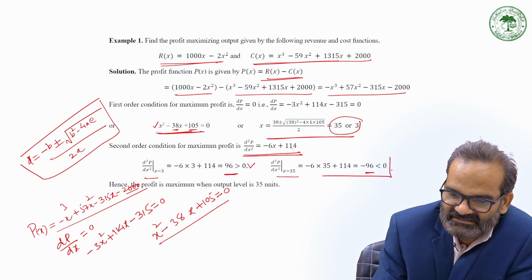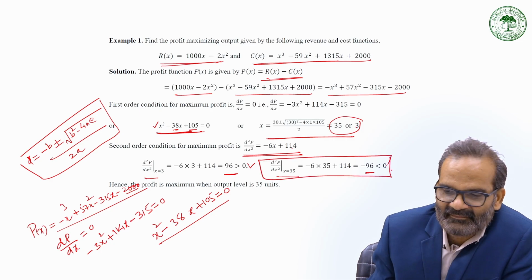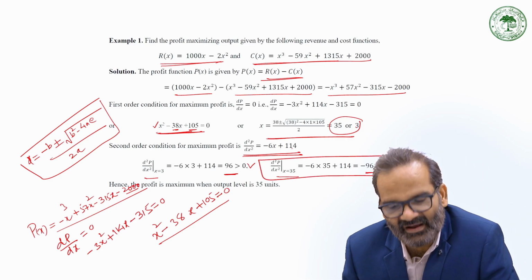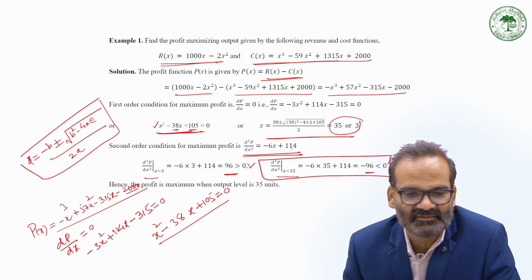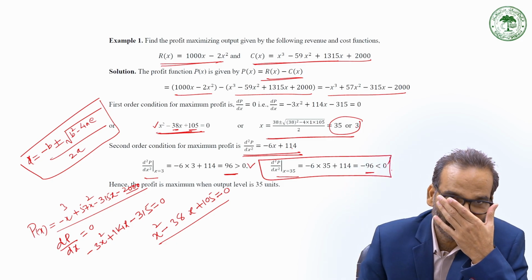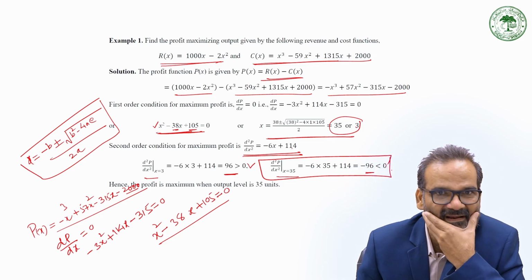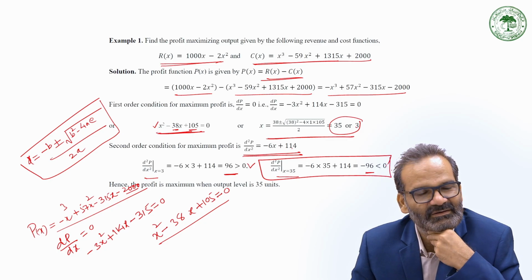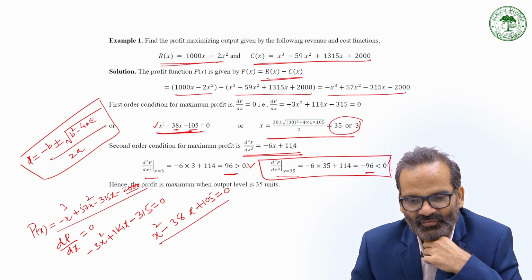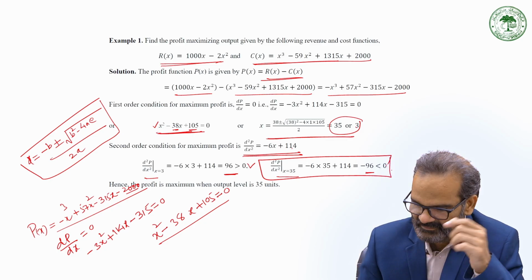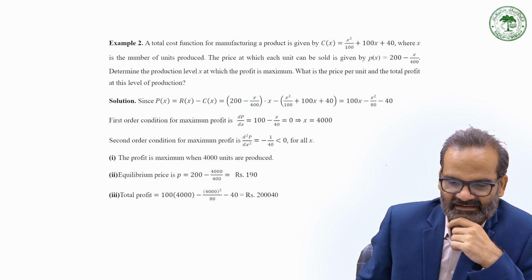So this is the point of maxima, meaning at x equal to 35 the profit will be maximum. That is, if 35 units of a commodity are being produced or demanded in the market, then the profit will be maximum, right?